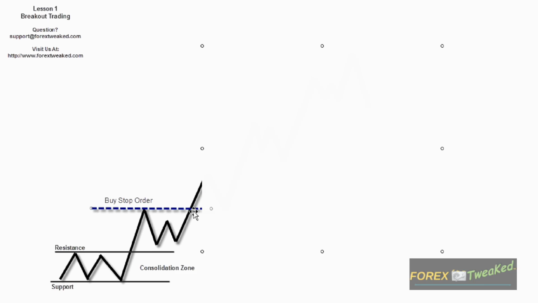So now our buy stop order that was placed here would have been triggered, and so our trigger point would be somewhere around this area here. Okay, so let's just say that that's our trigger entry point.